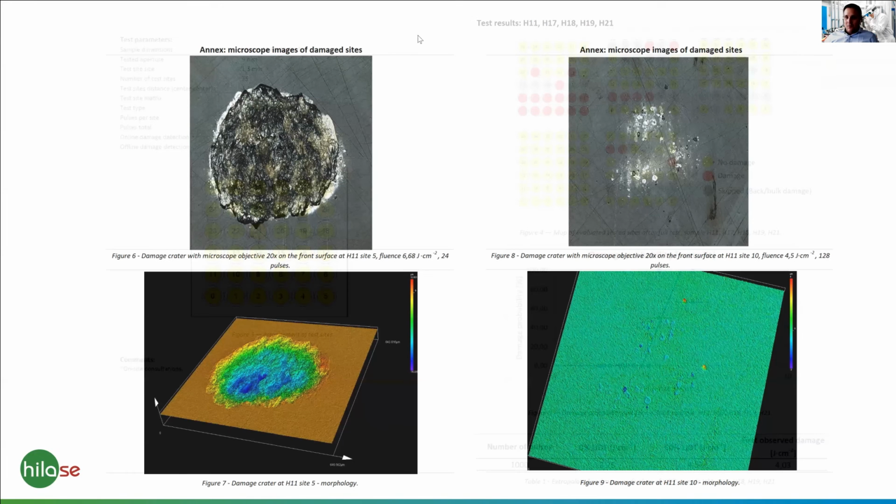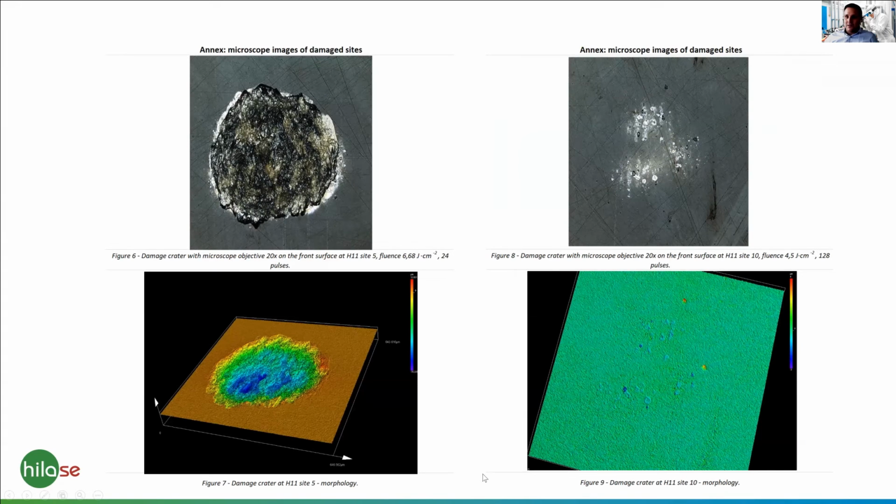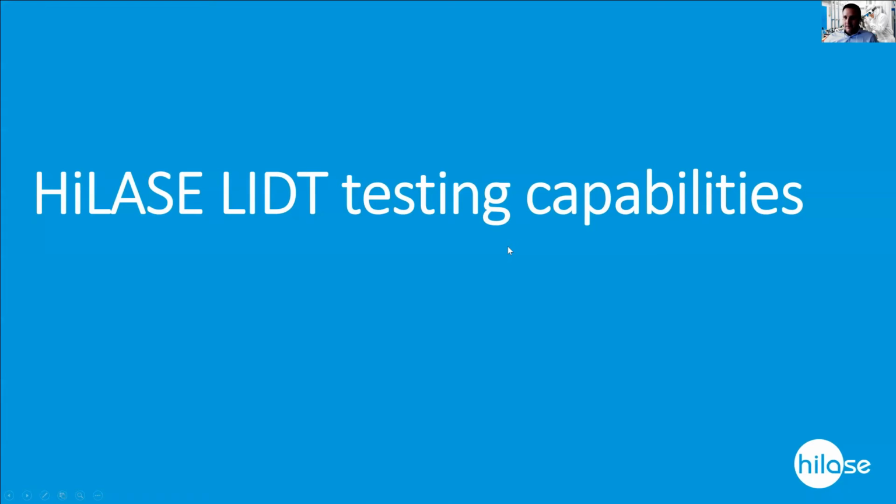The report itself is always accompanied by an annex with micrographs of typical damage sites. Usually it's a criterion when you exceed the damage threshold significantly, but you can also see other kinds of damage. This is the pinhole case, for example.